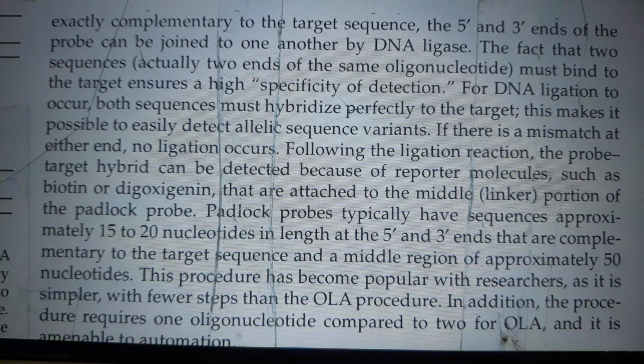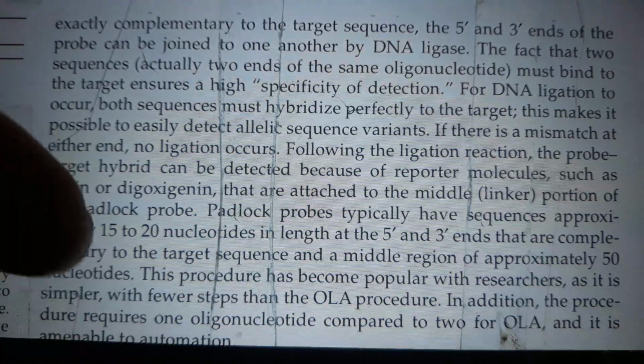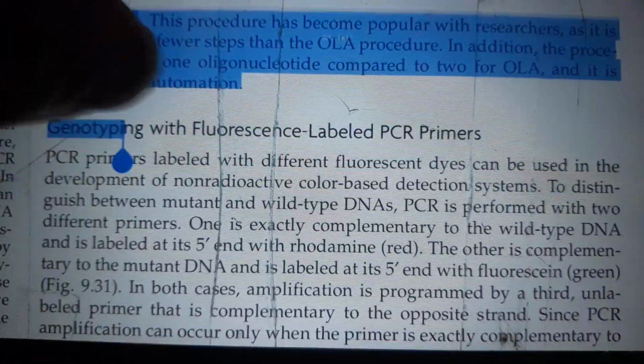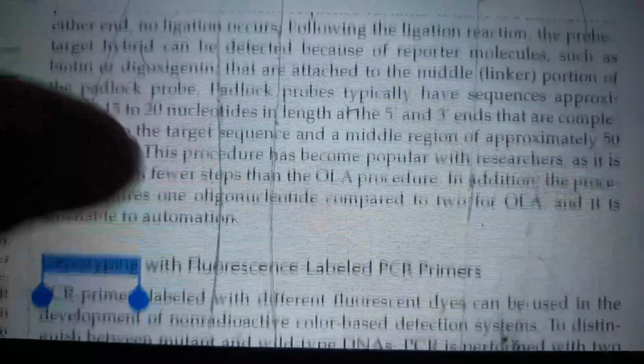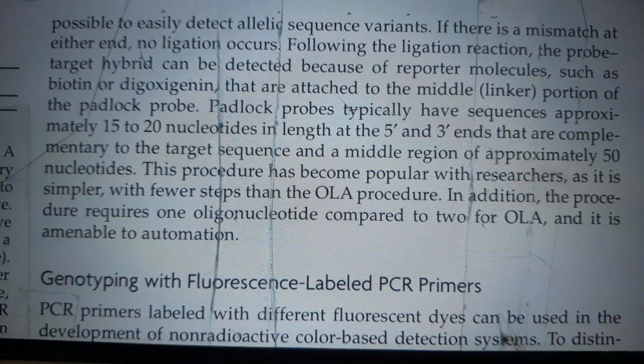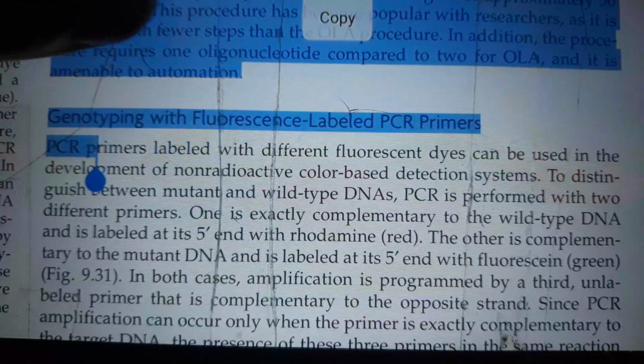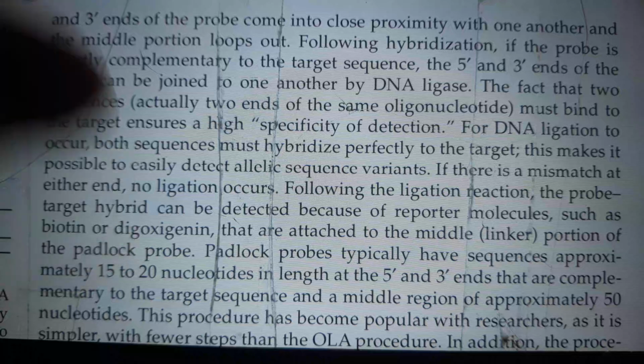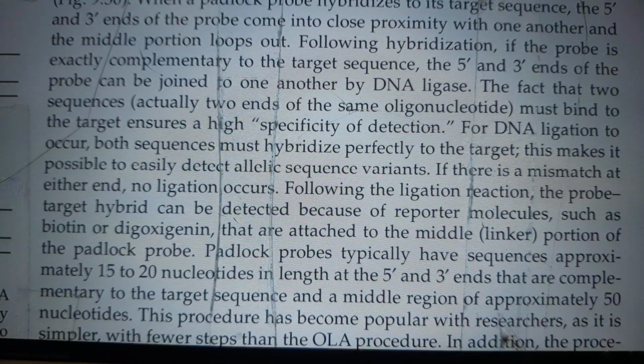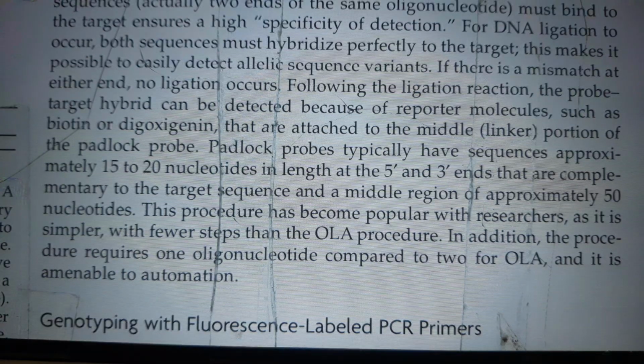Following the ligation reaction, the probe-target hybrid can be detected because of reporter molecules, such as biotin or digoxigenin, that are attached to the middle linker portion of the padlock probe.